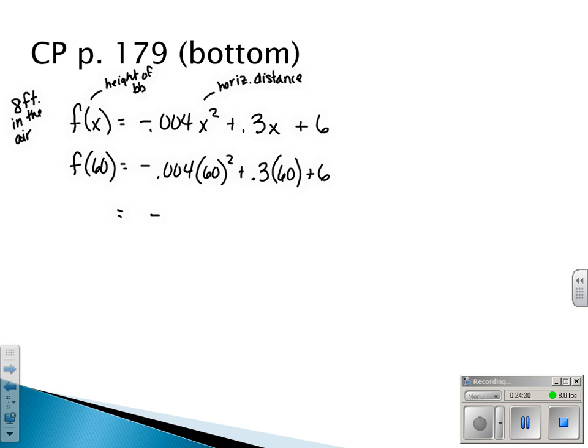You're going to get negative 14.4 here, and then positive 18 here, and 6, and all of that's going to come together to 9.6 feet. So the height of that baseball, if it's chucked with that formula, 60 feet is going to be 9.6 feet in the air. And so if this person can only reach up 8 feet, they are going to miss that ball. No catch.